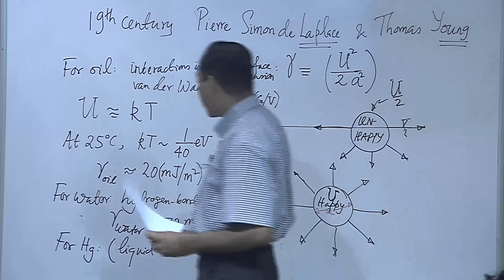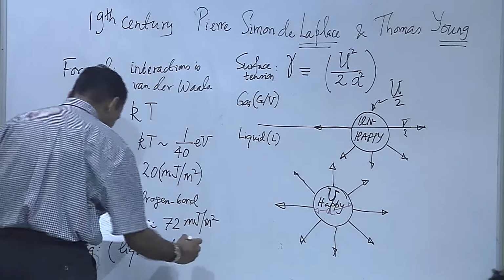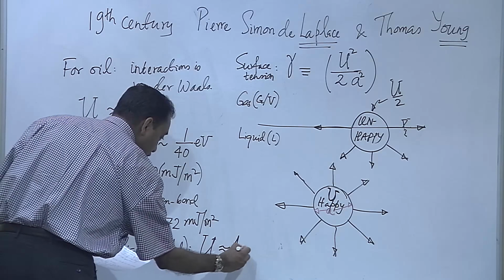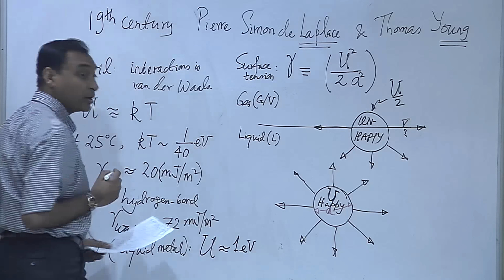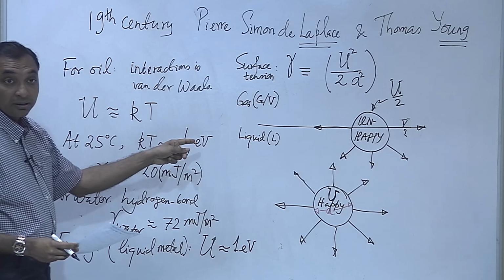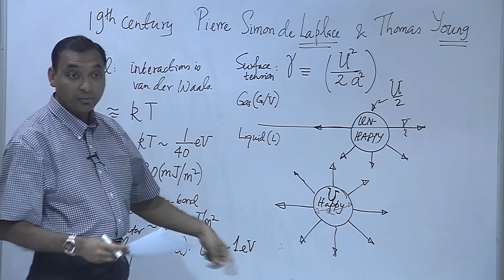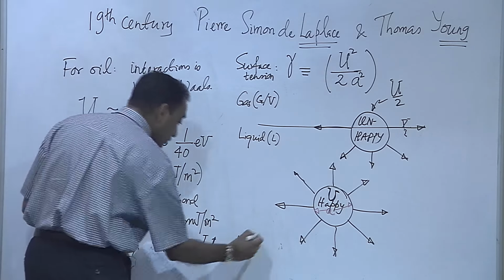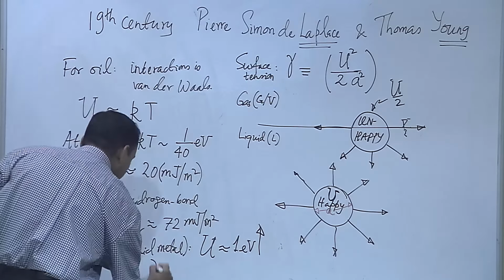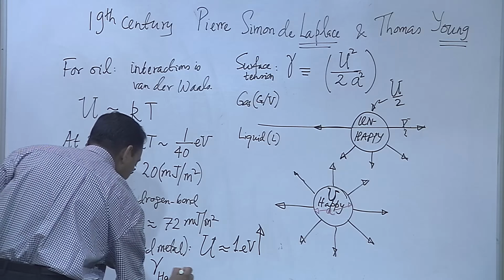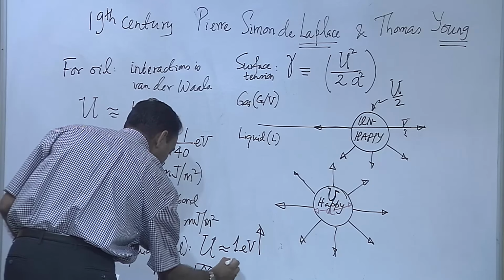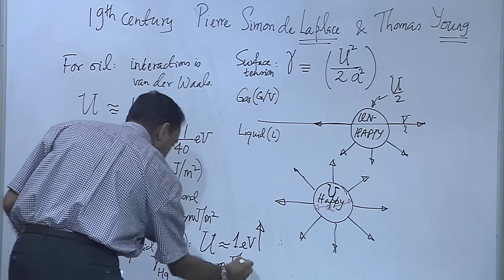In liquid metal, the cohesion energy is close to 1 electron volt. It's very large. Typically oil is 1 by 40, but this is almost 1 electron volt. So that's why we see that gamma for mercury is almost close to 500 millijoules per meter square.